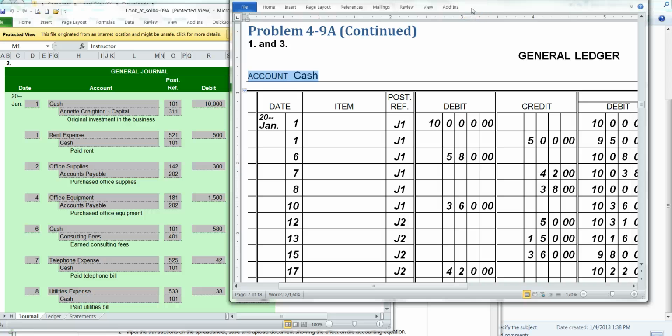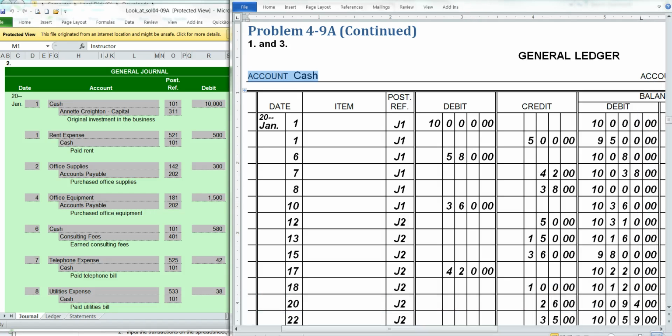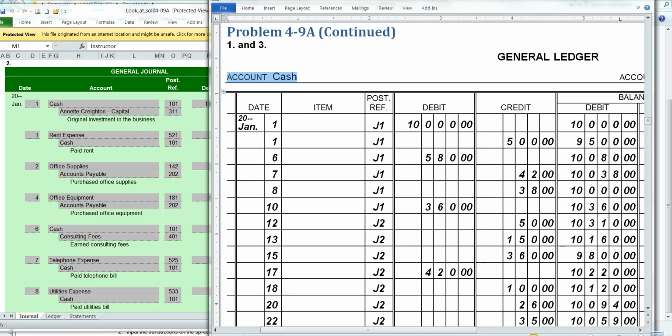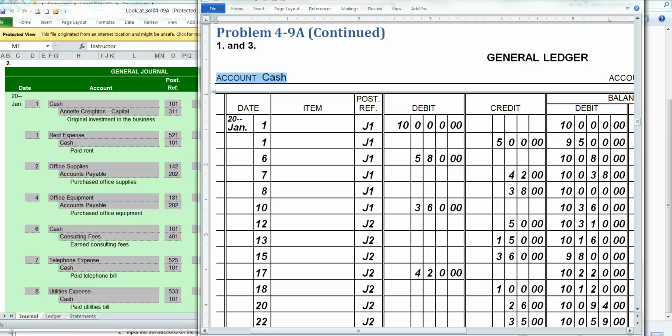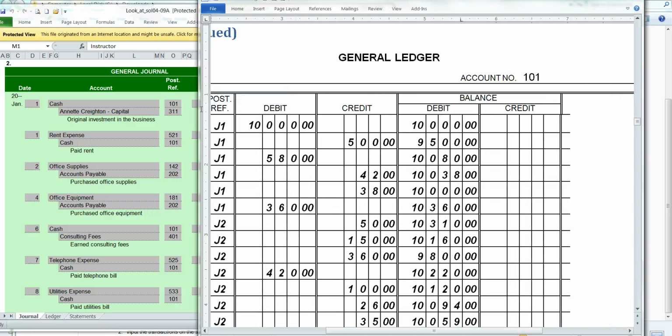And what we're going to do is now we create something similar to the T accounts, but a little bit more legible, hence ledger. So we go through all our general journals. Cash, now we're going to write reference number 101. If you look here, that's where we're getting the reference number.